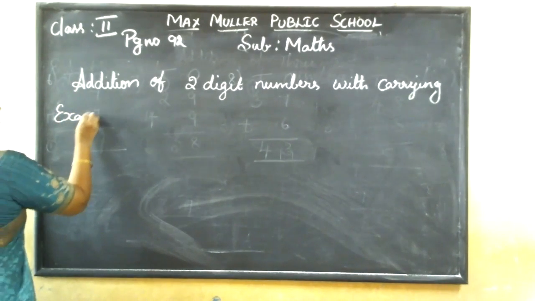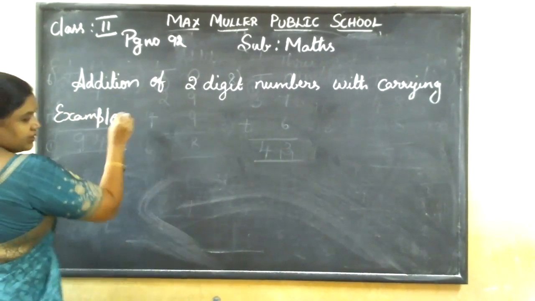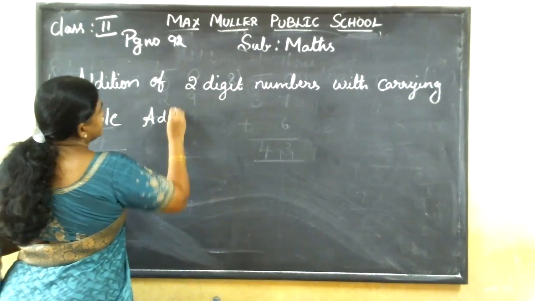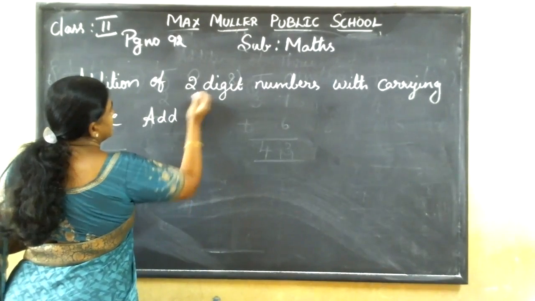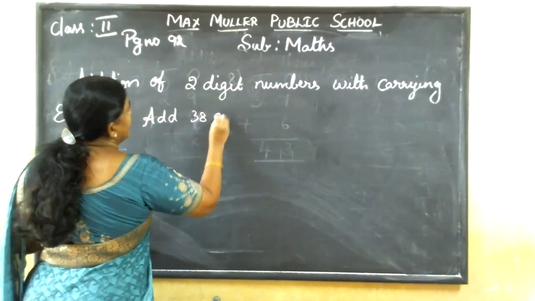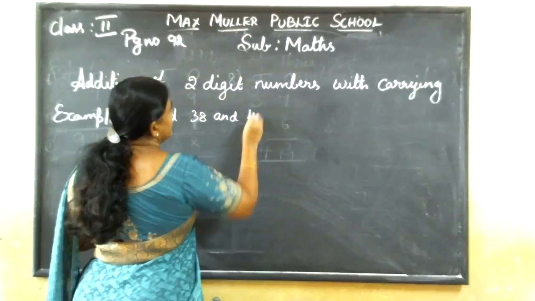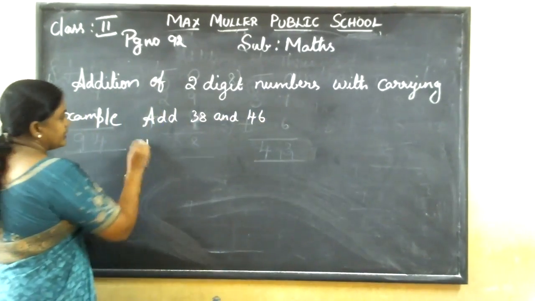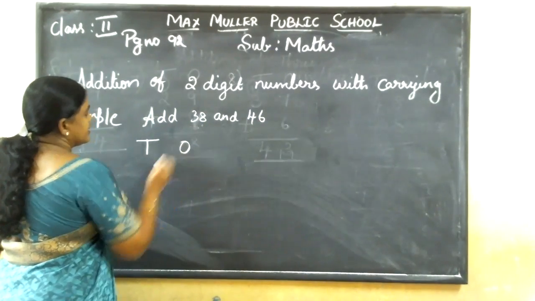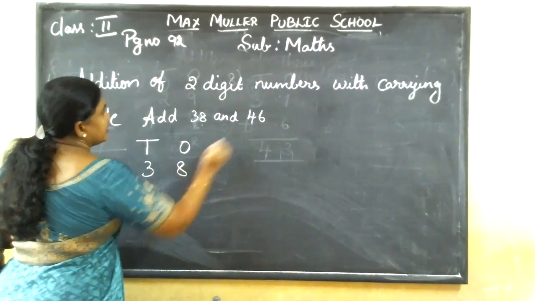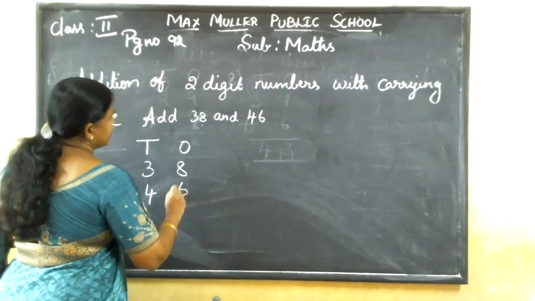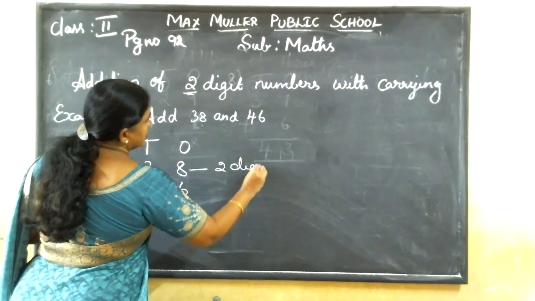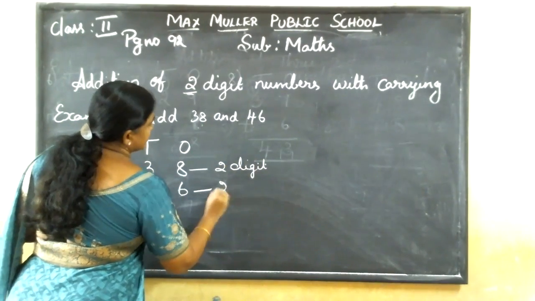Example. Add 38 and 46. Now first we will arrange this. Tens column, ones. First number 38, 46. See, 2 digit means this also 2 digit. Here also 2 digit.